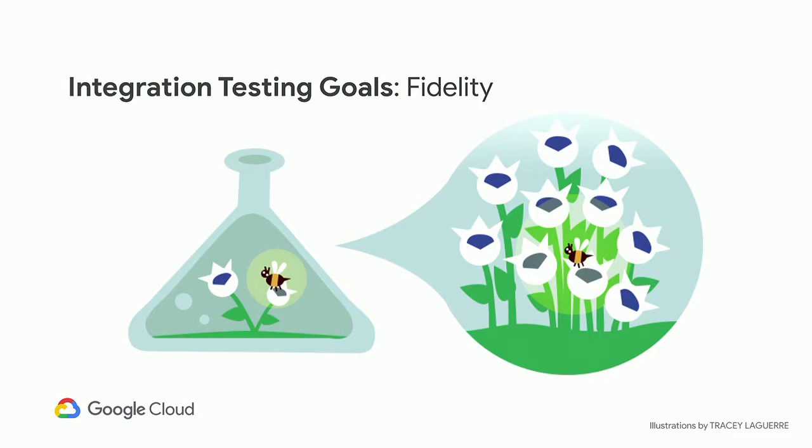So first of all, fidelity. Now, when we do integration testing, we start by creating a system under test. That's the environment that we're going to test against. We're not going to test against prod, right? And so we create a simulation effectively. And our goal here is fidelity. How similar is that system under test to the production system?